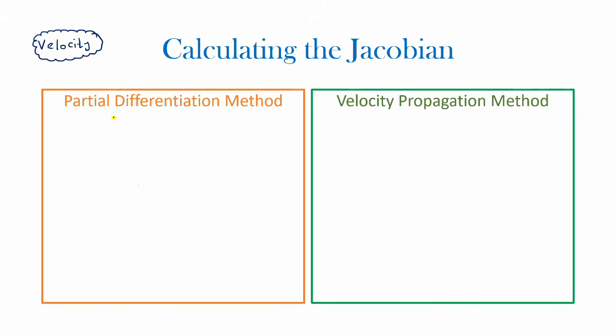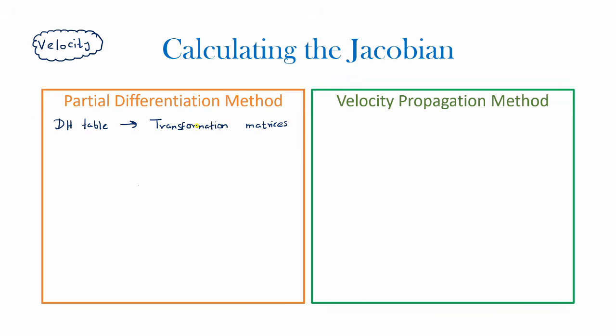Right, so the first method is the partial differentiation method. So let's start from the very beginning. You have a robot, you assign your frames, you analyze the system, and you're able to form a DH table. And from this DH table, you would be able to get your transformation matrices.